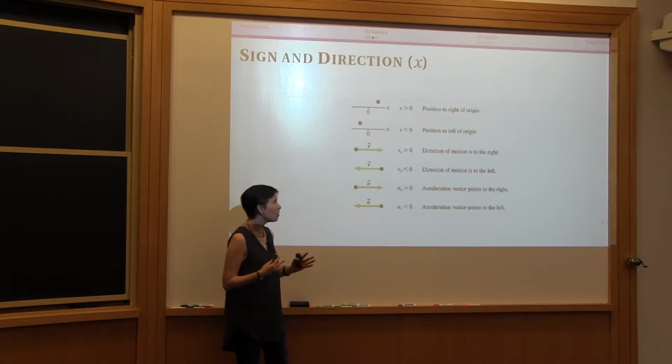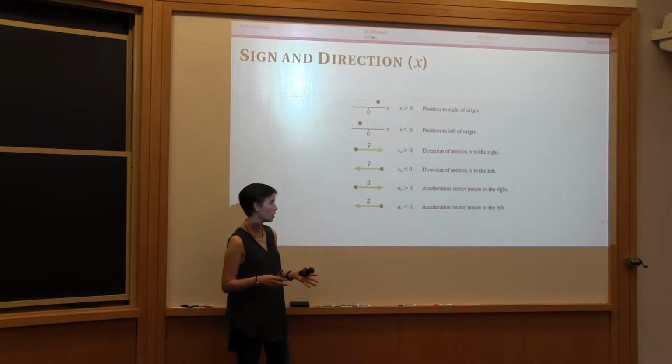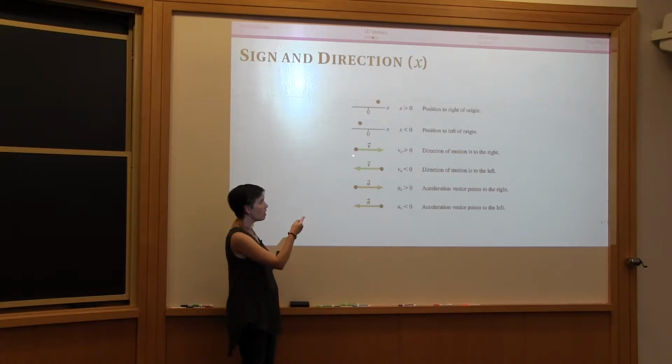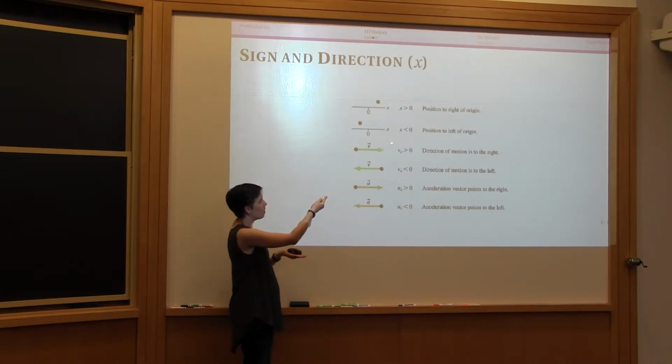So for a position vector, positive and negative just means to the right of the origin or to the left of the origin. What's important to understand is it's different if we're talking about the velocity vectors or the acceleration vectors. And in this case, we're still thinking about one dimension in x. If your velocity vector is to the right, not your position, but just the direction that you're traveling, which way your speed is pointed, in that case, positive is to the right and negative is to the left.